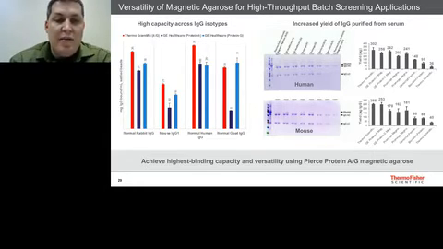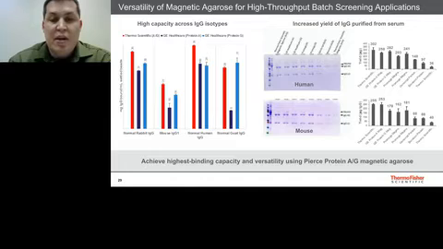As you can see from the graph on the left, the Pierce protein AG magnetic agarose beads have higher IgG binding capacity than both GE's Mag Sepharose protein A and protein G resins across a wide variety of isotypes when using a purified IgG. In many cases, though, purification from a complex sample vastly differs from that of a purified IgG. To look at how the resins compare using a complex sample, we prepared a purification of IgG from sera.